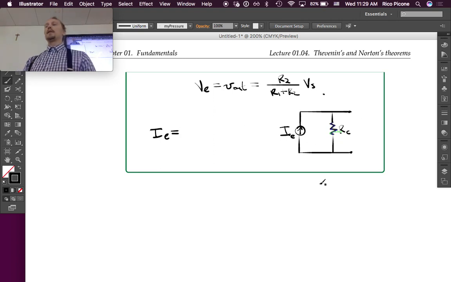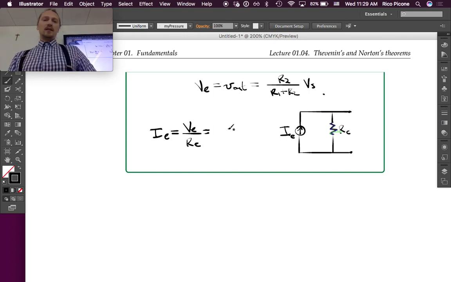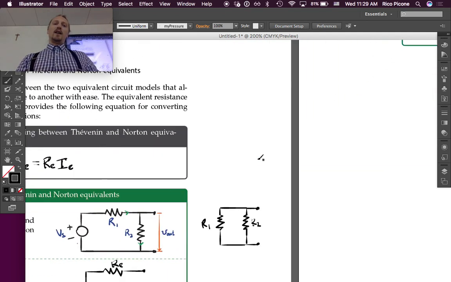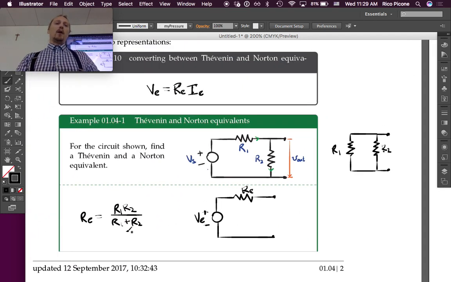And we could go through the circuit analysis like I said, but let's just use that nice formula that converts from a Thevenin to a Norton, which you have to solve for IE. It is just VE over RE. And we don't really even have to plug anything in because we already defined what VE is and what RE is. But just for the heck of it, let's do it. Let's look and see VE and RE have R1 plus R2 both in the denominators, right? So let's just cancel that.